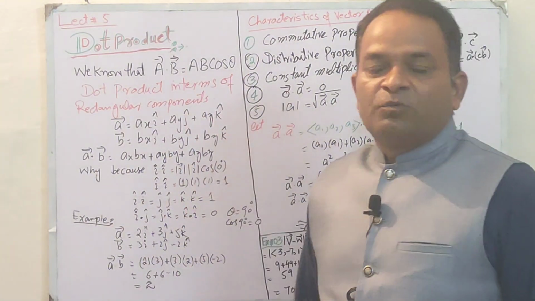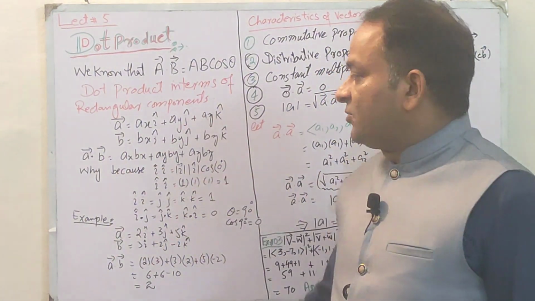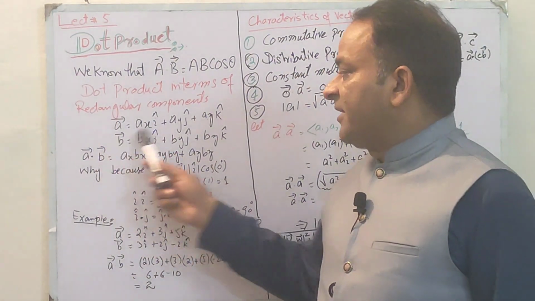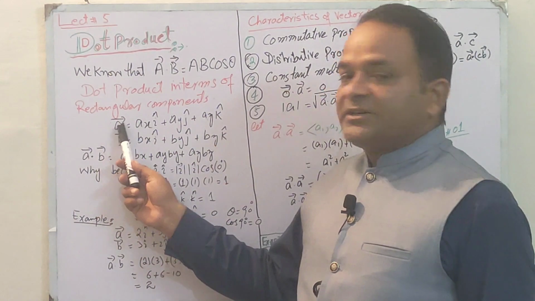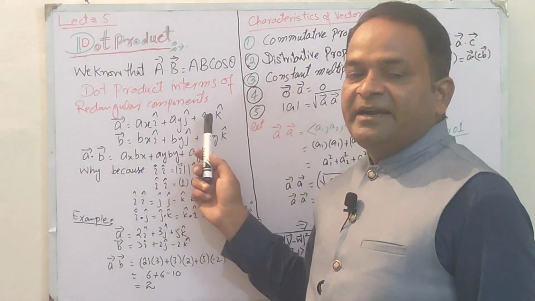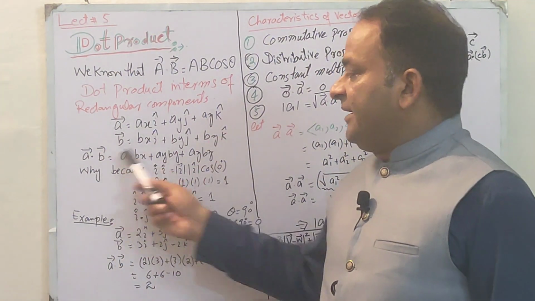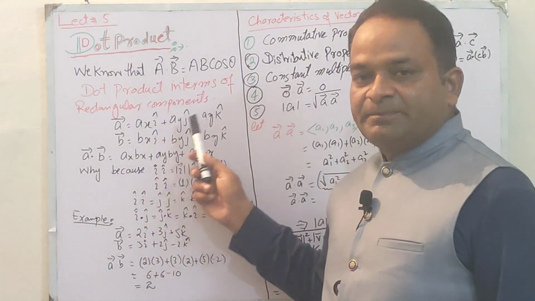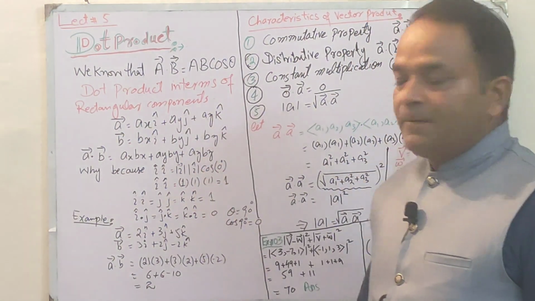So how to multiply vectors in terms of their rectangular components? Let's suppose in general I am taking a vector in 3 dimensions. In 3D, vector A is equal to AX i, AY j and AZ k unit vector. Another vector B is BX i unit vector plus BY j plus BZ k unit vector.